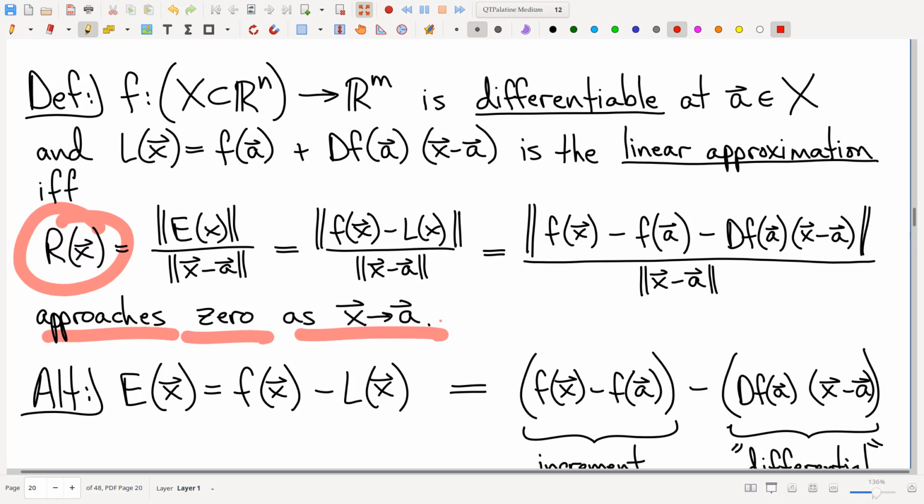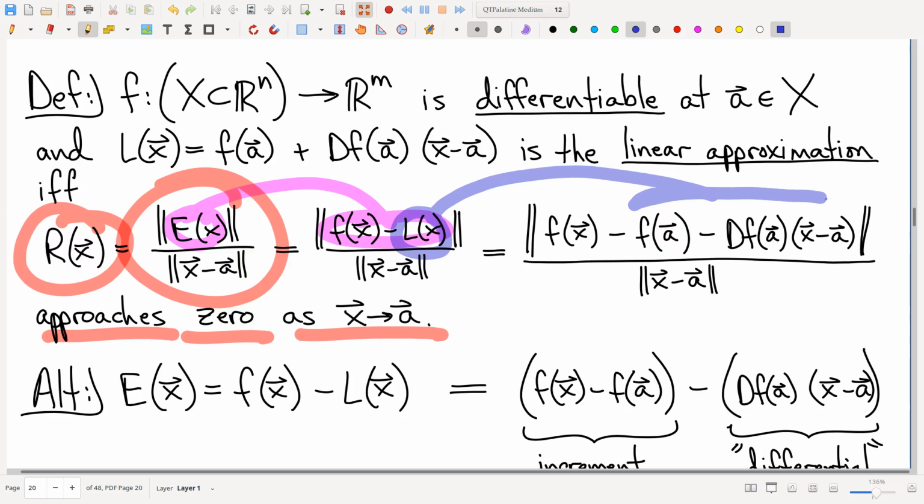Well, relative error is defined as error divided by x minus a. Don't forget error is real value minus approximated value. Don't forget that our approximated value, our linear approximation, is this formula here where I've distributed the minus sign.